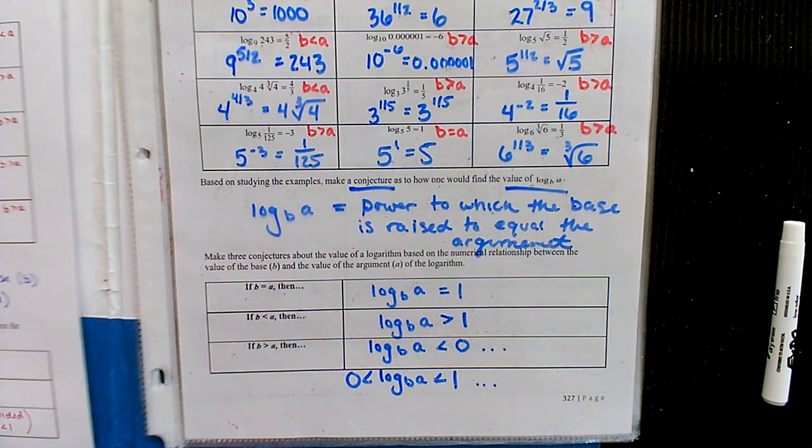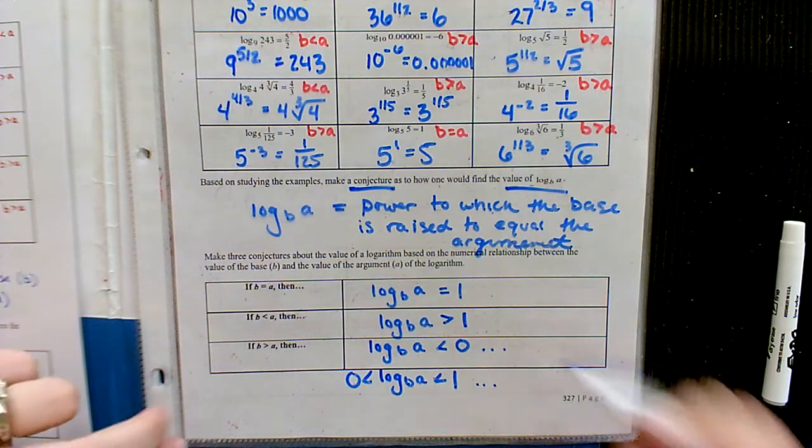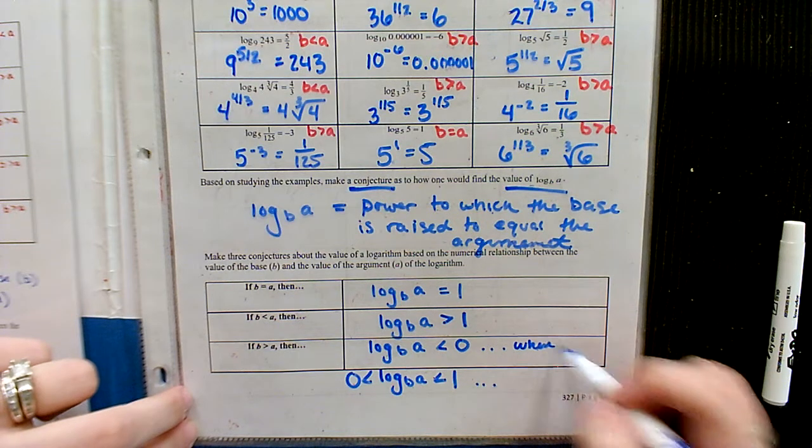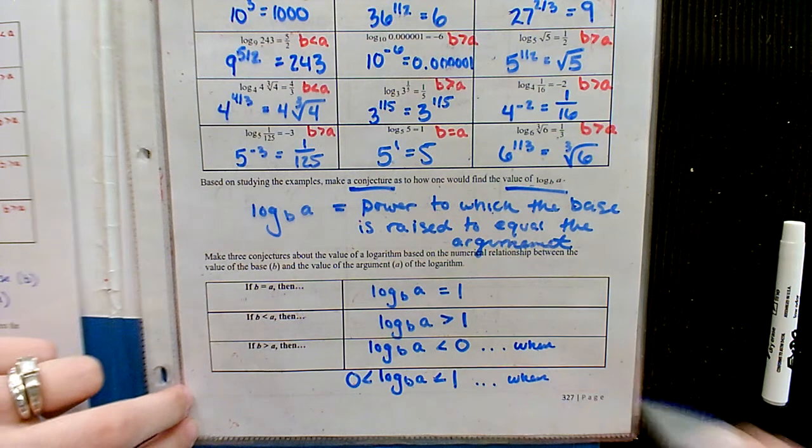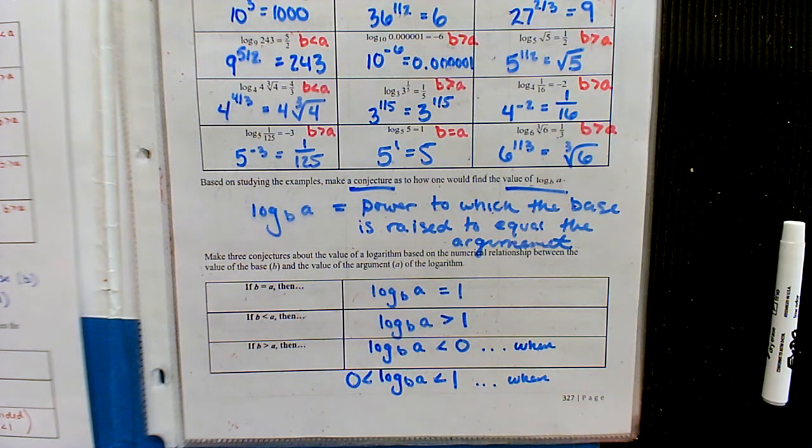Go, Rebecca. Well, if the log equals a fraction, then it's raised to a power that is like below 0, it's like negative, and it's between 0 and 1. If... sorry, I lost my logic. That's okay.